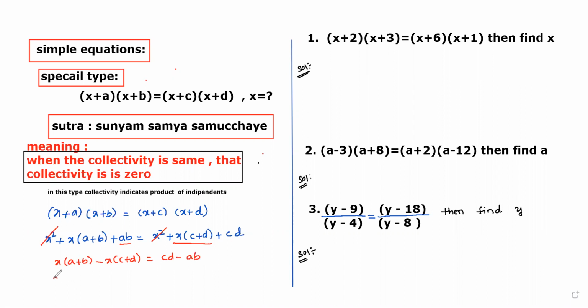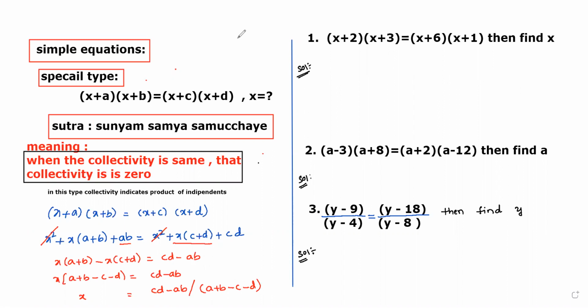After that, you can take x common here: x times (a + b minus c minus d) equals cd minus ab. Then our x value is equal to (cd minus ab) upon (a + b minus c minus d). So this is the way of solving.